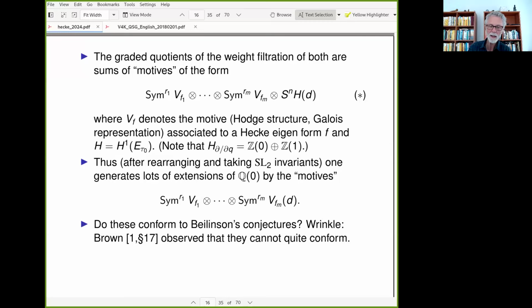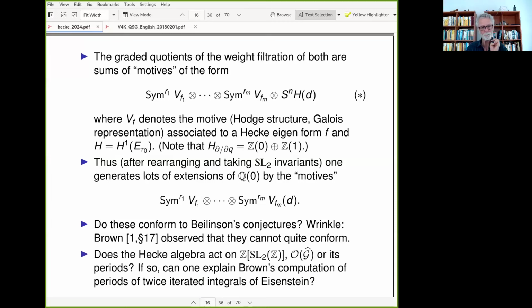But the goal still is to show that the coordinate ring of the small relative completion generates almost all of the extensions of Q by such motives predicted by Beilinson.